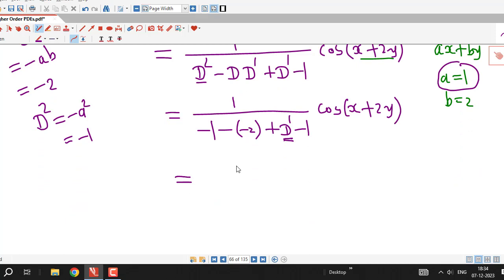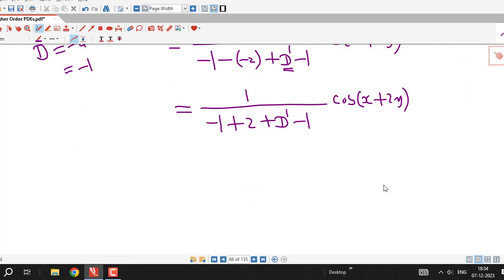Now if we simplify this, this is going to be, let me write one more step, minus 1 negative negative positive plus D dash minus 1 cosine of x plus 2y. And we can see this is 2 and this is minus 2, that is we are left with 1 over D dash only cosine of x plus 2y.